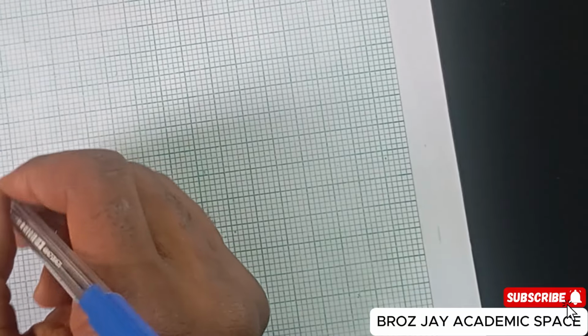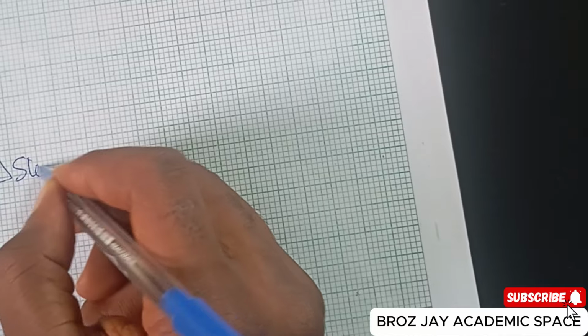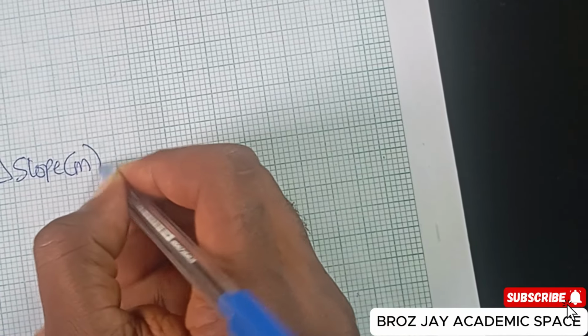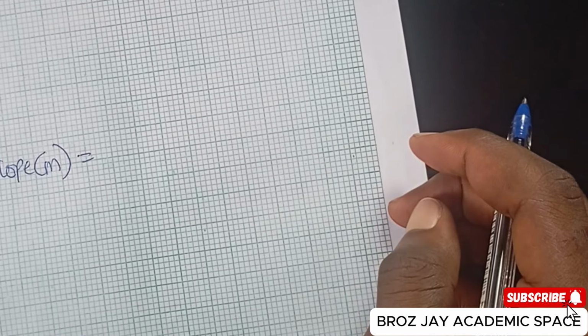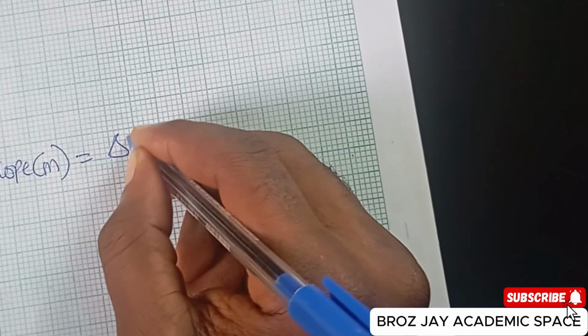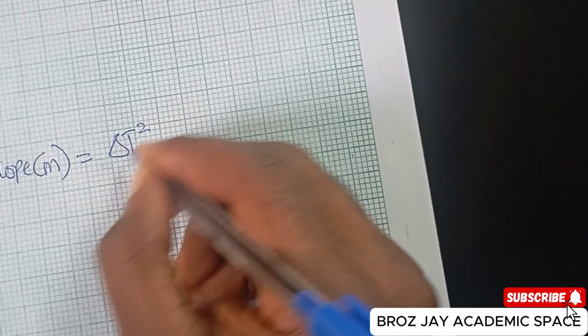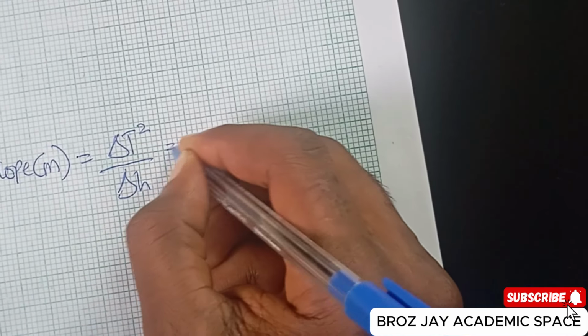So my slope will be what? Change in slope, which is my m, is equal to change in t square against change in h.